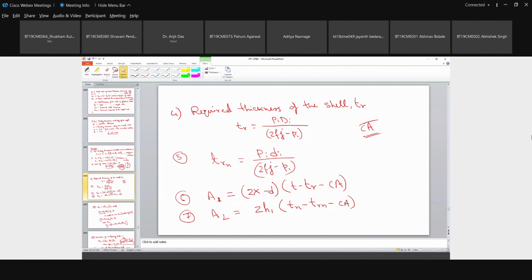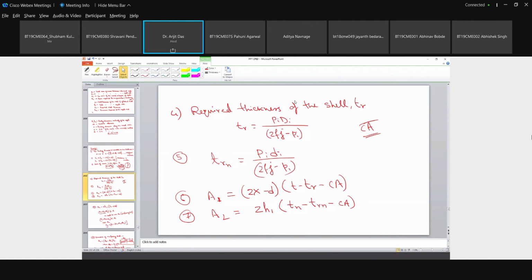And the other is the required thickness of the shell. You write down the expressions. The required thickness of the shell, TR, equal to, this is the well-known formula, PD by 2FJ.